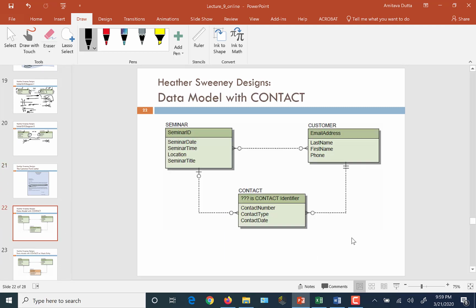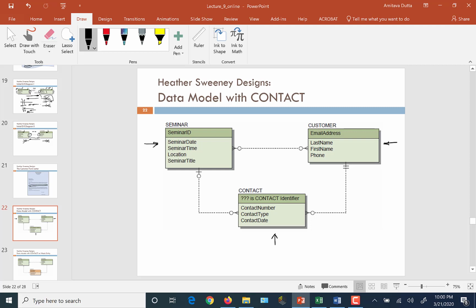Okay, so here is a little bit further development now. This top part, the relationship between seminar and customer, we have already discussed. Now, what has been done over here is a third entity called contact has been identified. What do we mean by contact? It's something that Heather Sweeney has sent out to a customer. This is typically a letter, but maybe it could be a phone call also.